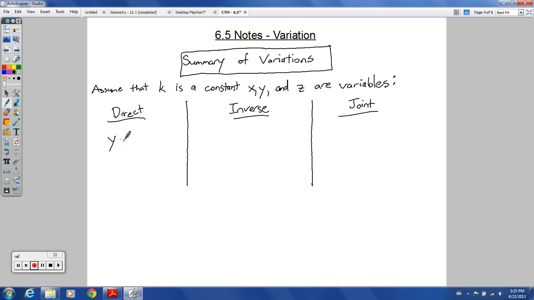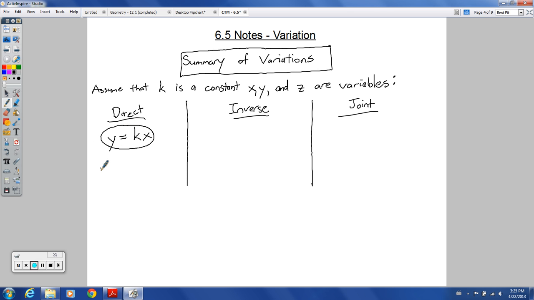Direct variation looks like this. You have y equals some number times an x value. So this number again is a constant term. It could be 2, it could be 3.6, it could be 1/2, it could be negative 18.6 repeating, something like that. But it's just a constant term. It's a term that's going to stay the same no matter what. X and y, though, are variables. They can change.